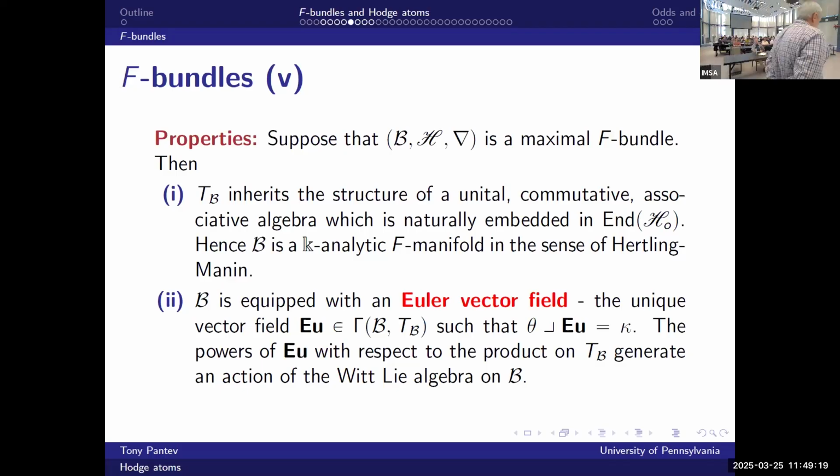You don't just get a general F manifold, you get a manifold equipped with a special vector field, an Euler vector field. And it is just the unique vector field that corresponds to the operator kappa, that extra symmetry coming from the second order. And the products with respect to the Frobenius product of this Euler vector field itself actually generate the Lie algebra of vector fields. So the Lie algebra of vector fields on the circle actually acts.